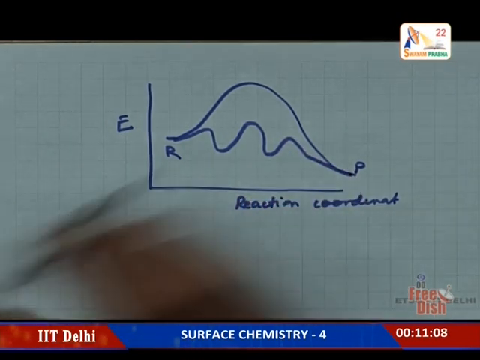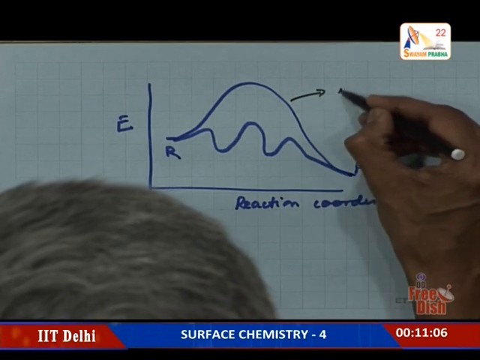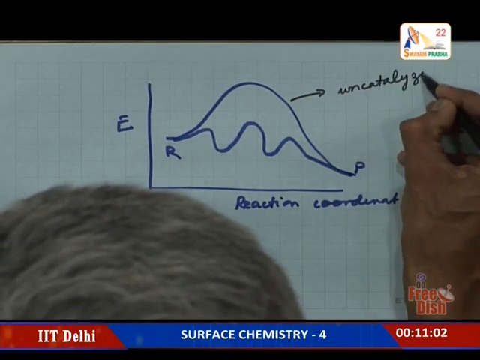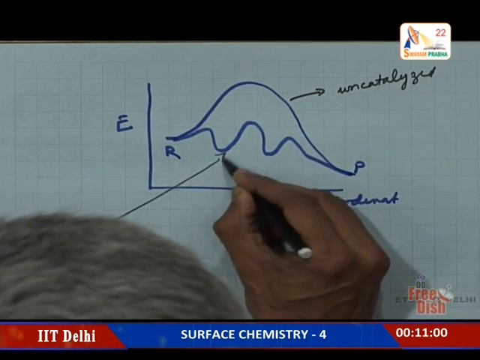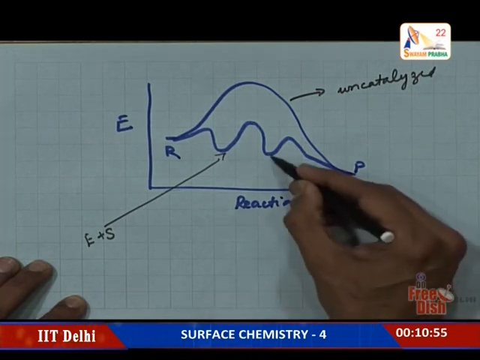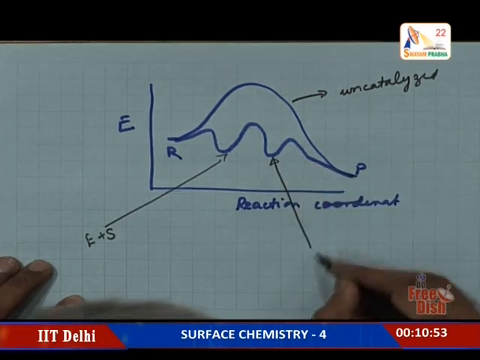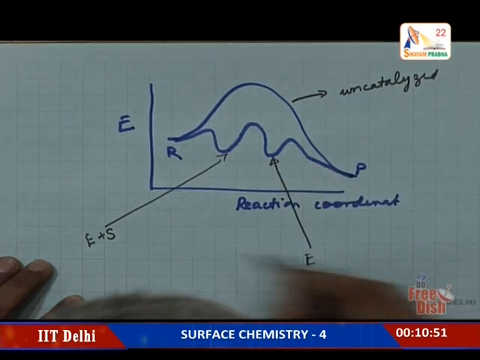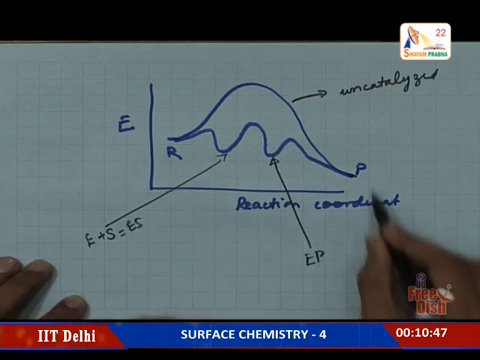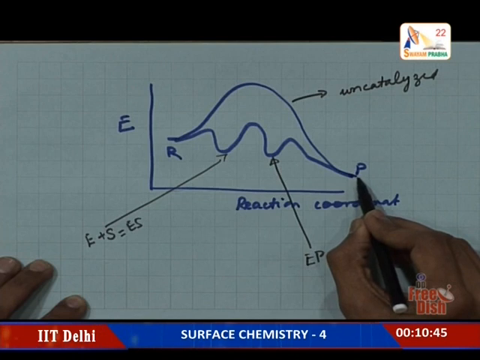So, this is the uncatalyzed reaction. This corresponds to the enzyme substrate complex. This corresponds to the enzyme product complex, and this gives you back the product.